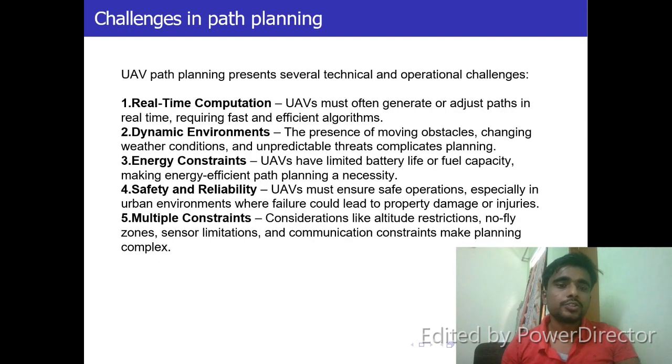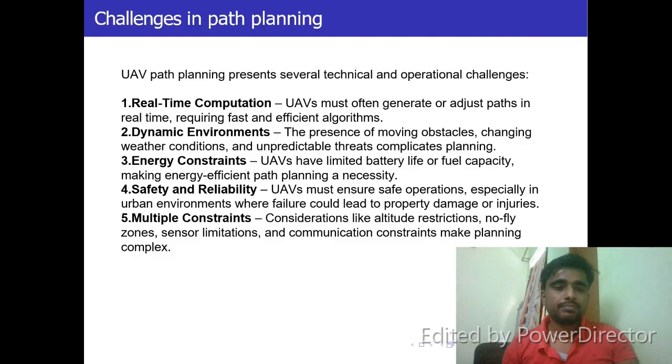Next is challenges in path planning. UAV path planning presents several technical and operational challenges. First is fast decision making. The UAV needs a quick and efficient algorithm to plan or change its path in real time. Second is dynamic environments. Dealing with moving obstacles, changing weather, moving objects, and unexpected dangers makes planning difficult.